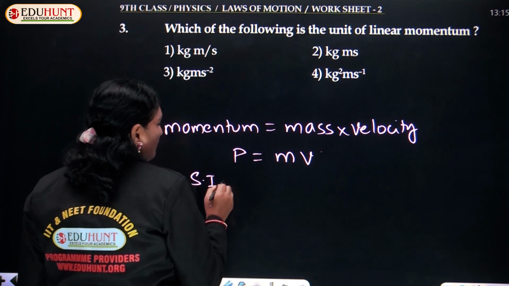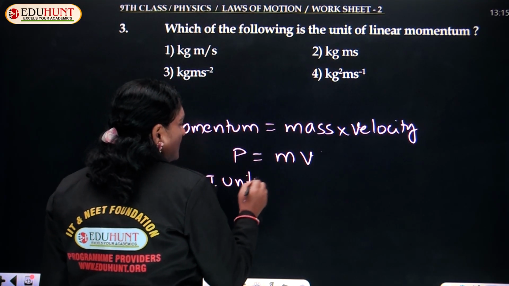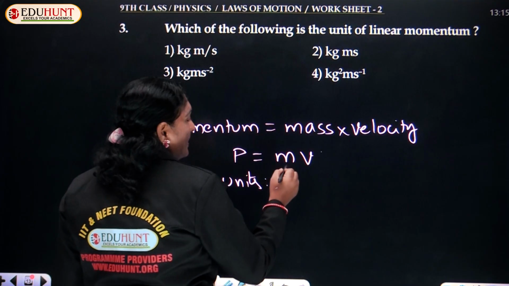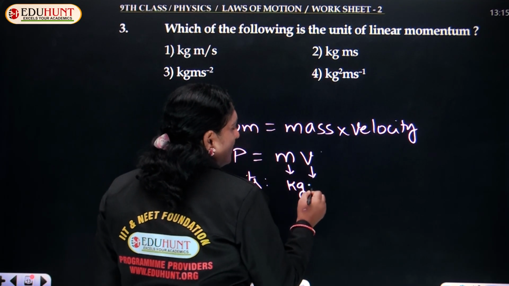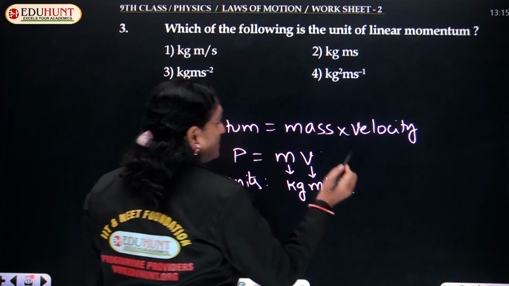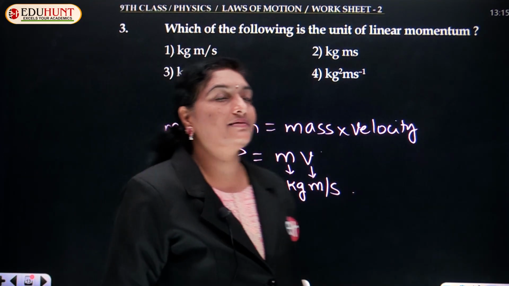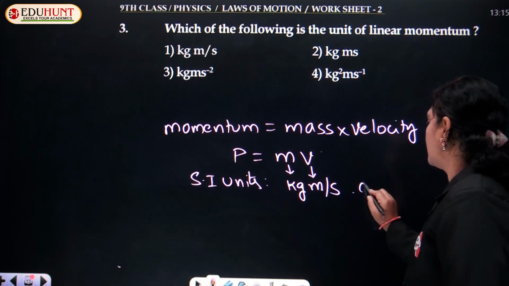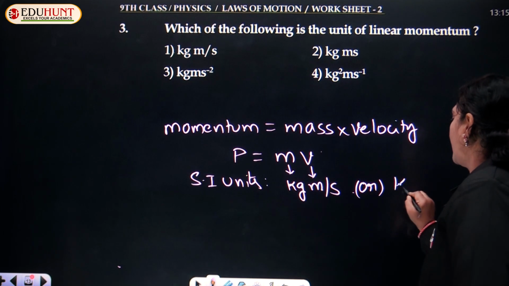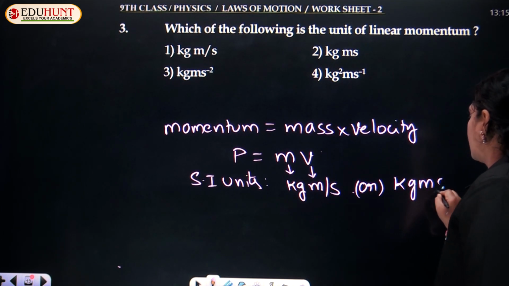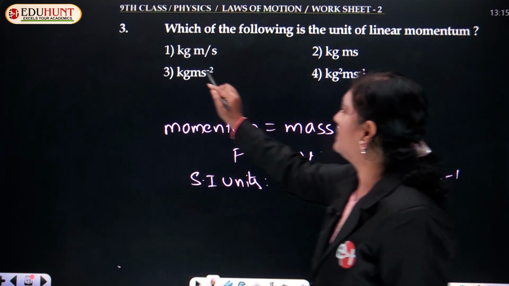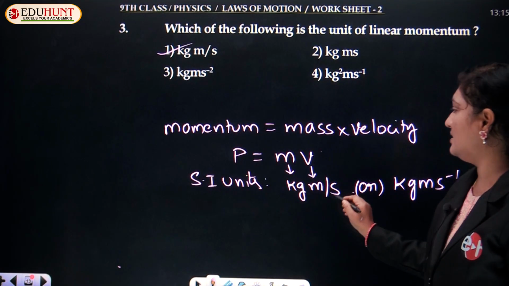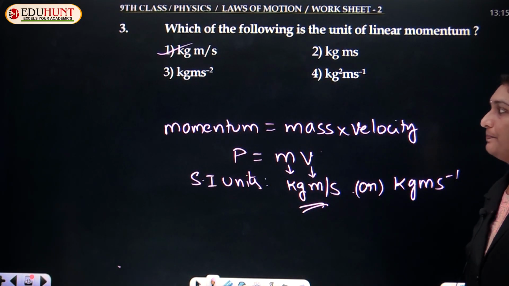If you would like to represent the SI units of momentum, the SI unit of mass is kg, whereas velocity is measured in meter per second. Hence, it is written as kg meter per second or simply kg meter second inverse. So, the correct option is the first one, kg meter per second.